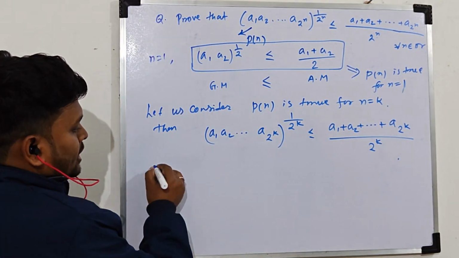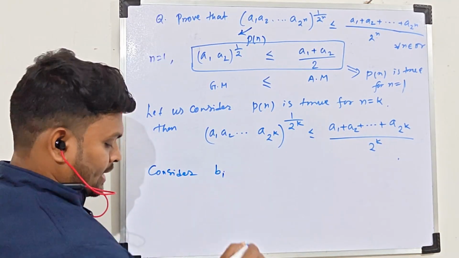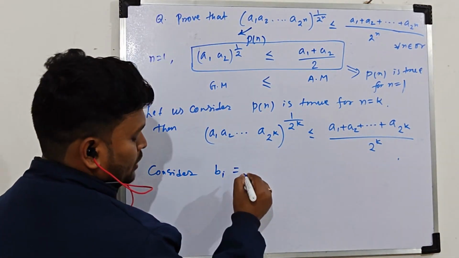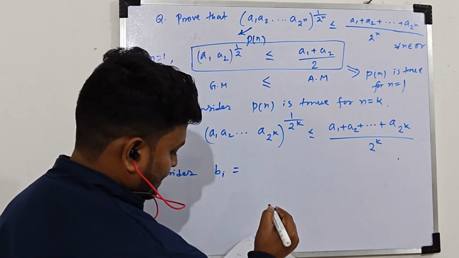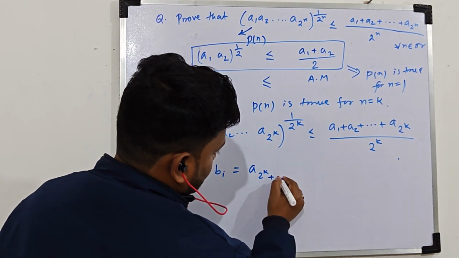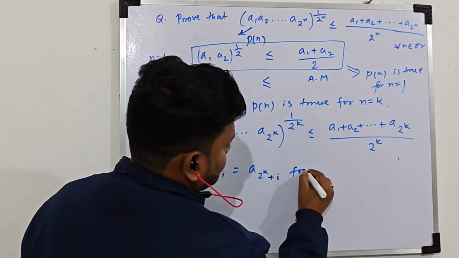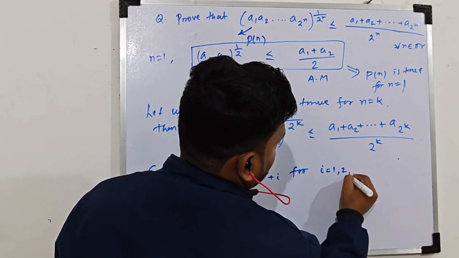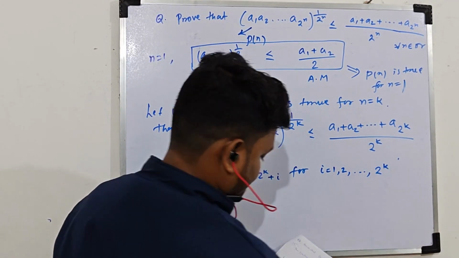Now consider new numbers bi, which are a function of ai, that is b_i = a_{2^k + i} for i equal to 1 up to 2^k.